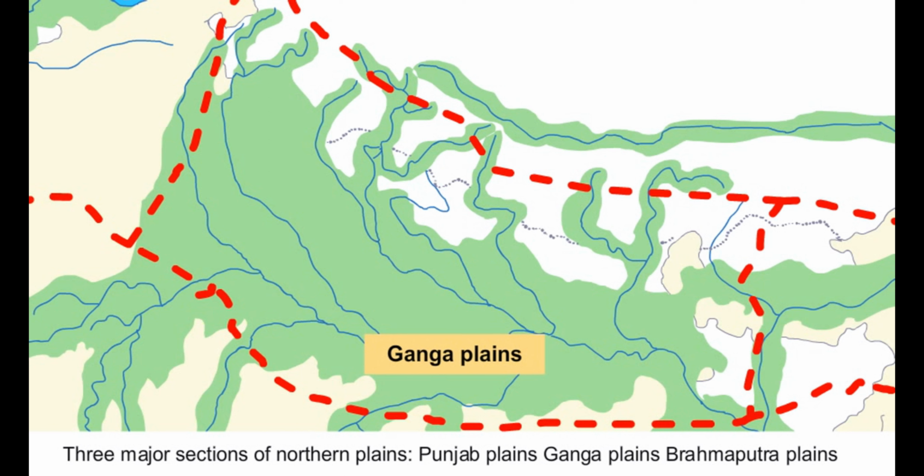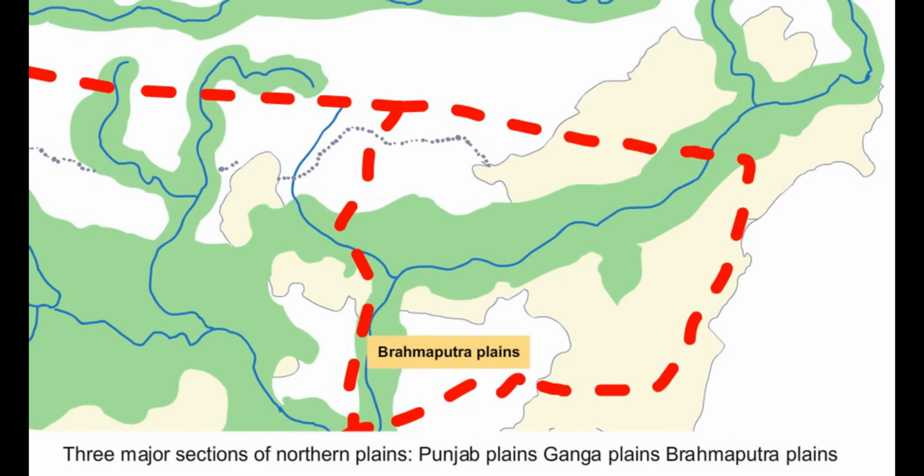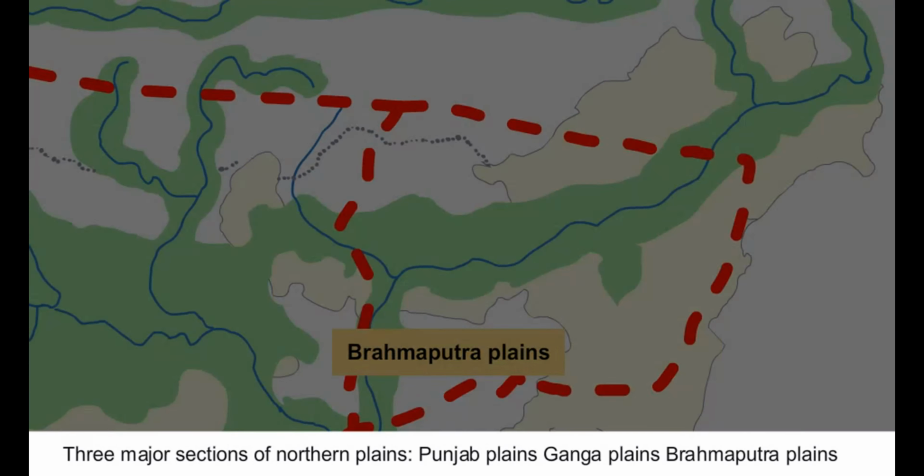The middle section lies between Ghaggar and Teesta rivers. It is drained by rivers Ganga, Yamuna, Ghagra, Gandak, Kosi and Teesta from the Himalayas and Chambal, Betwa, Son and Damodar from the plateau in the south. 3. Brahmaputra Plains, the eastern section of the northern plain, lies in Assam.